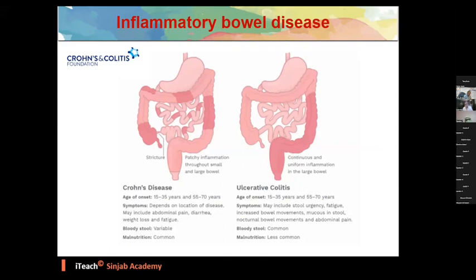There is no difference in age of onset or symptoms in both diseases, but Crohn's disease is more common. Malnutrition is more common in Crohn's disease, and bloody stool is more common in ulcerative colitis.